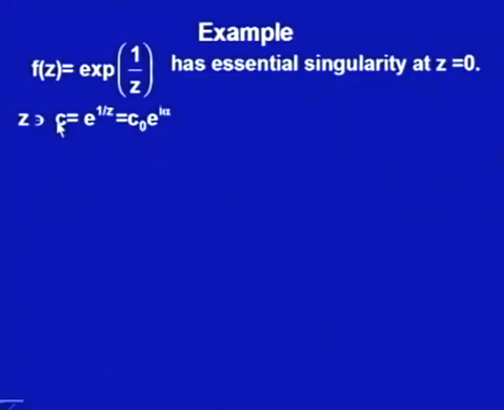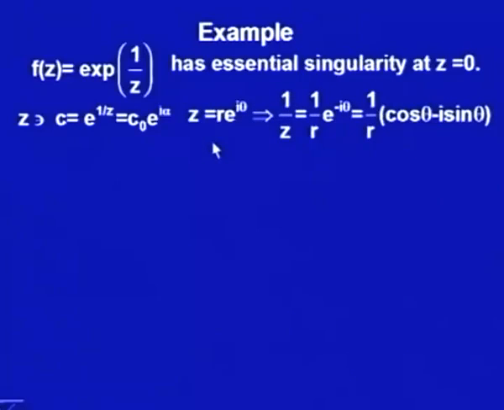So, this complex number, let us write it as c naught e to the power i alpha, where c naught is some constant and alpha is some constant. Now, if I represent my z by polar coordinates rather than x and y, if rather than writing z as x plus iy, I write it in polar form, then z can be written as r times e to the power i theta.